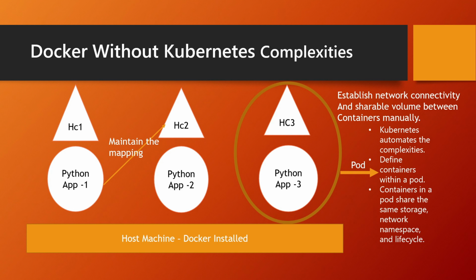I will just explain with a diagram first. Let's say you have one Python application running, and this Python application also uses one helper container. So you have one helper container, and then you have the Python application also running inside a container. But if you want this Python app container to use this particular helper container, then you have to maintain this mapping manually.